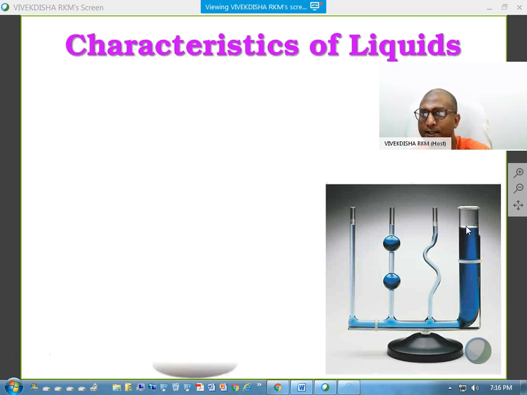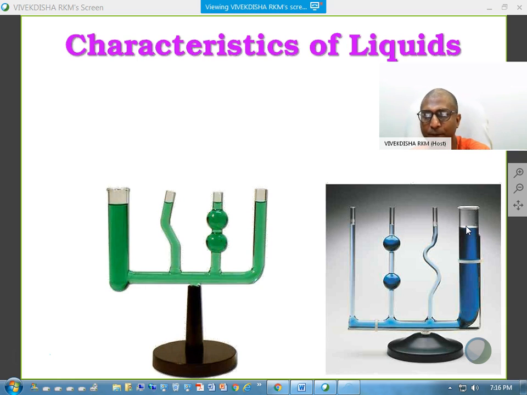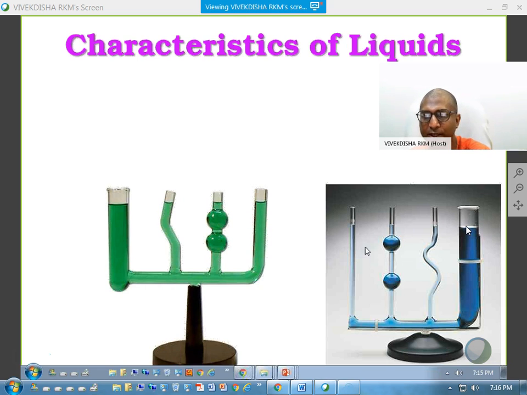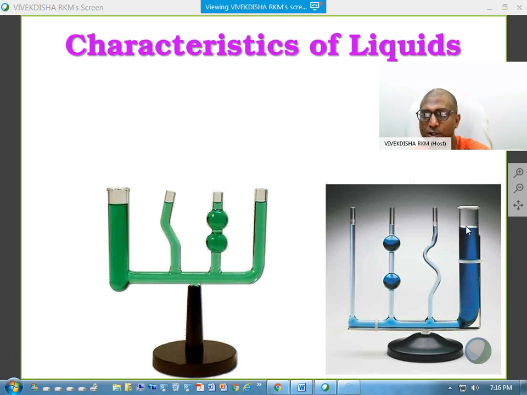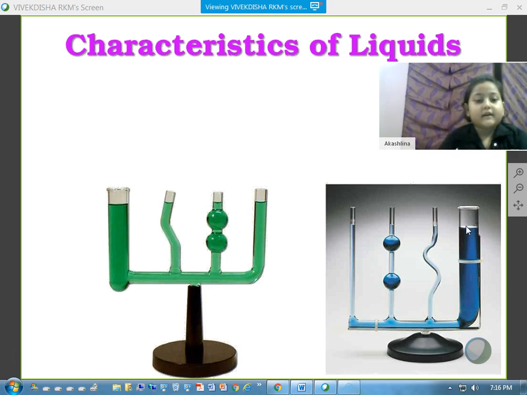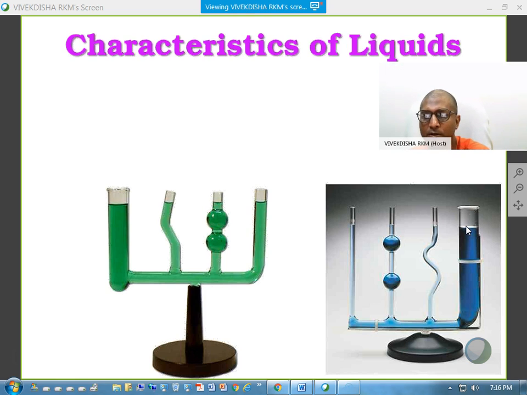Now next one, see these two pictures. Akash, Lina, can you say what characteristics we can get from these two pictures? Some liquids are poured into the container. Then what characteristics can we get from the liquid?